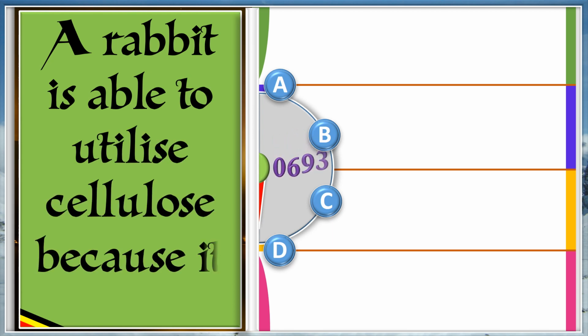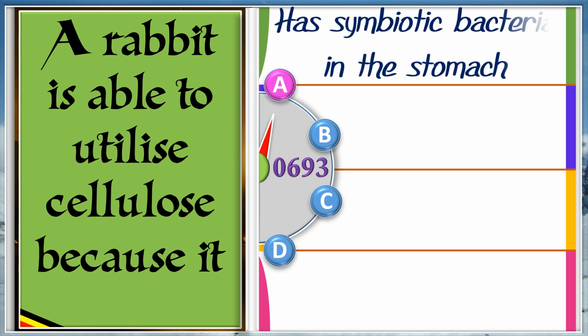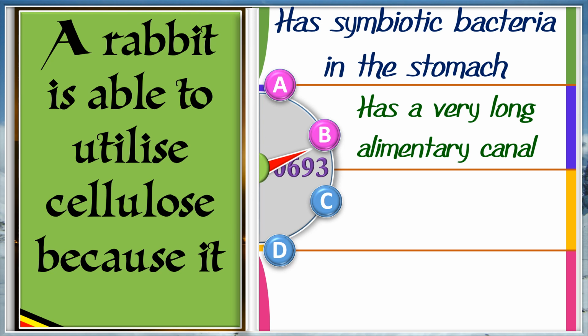A rabbit is able to utilize cellulose because it A. Has symbiotic bacteria in the stomach. B. Has a very long alimentary canal.